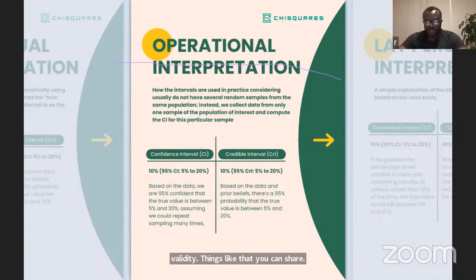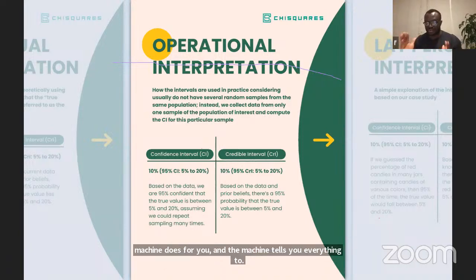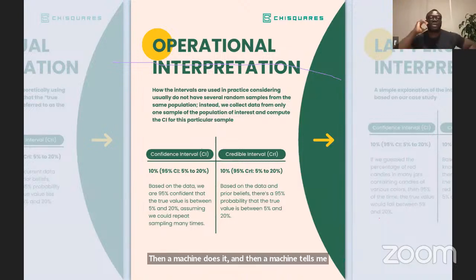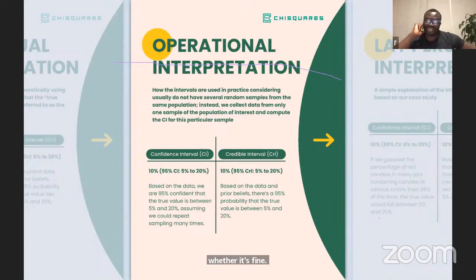Okay. Thank you. That's a very good question you asked. The point is that regression modeling shouldn't just be something the machine does for you, where the machine tells me what to do, then the machine does it, and then the machine tells me whether it's fine. So what exactly is your role in all of this? It shouldn't be machine-driven.